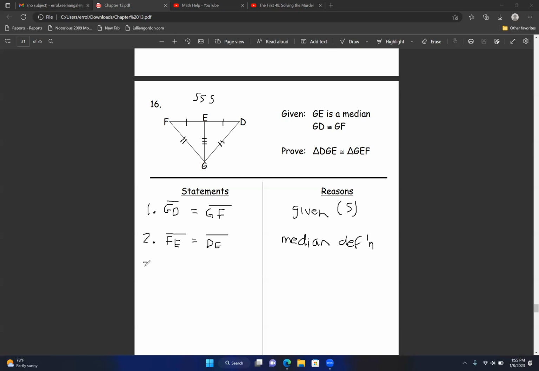Number three. EG equals EG. And what's the reason? Reflexive property.